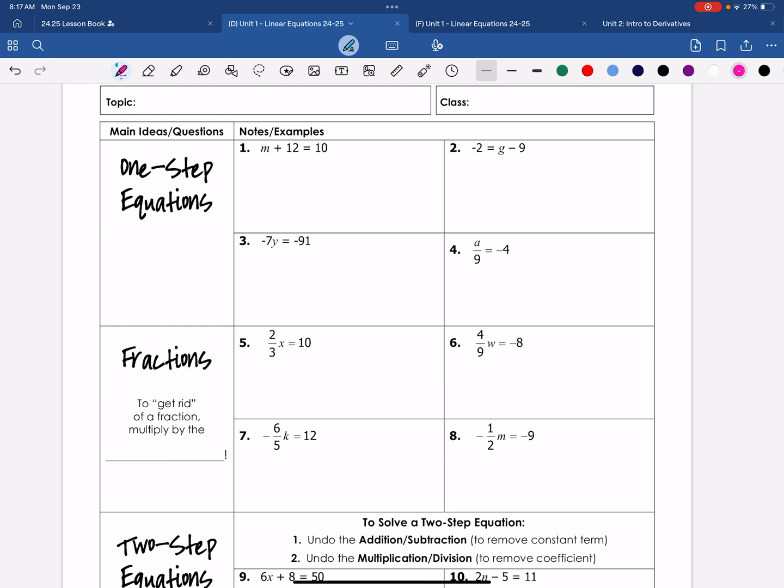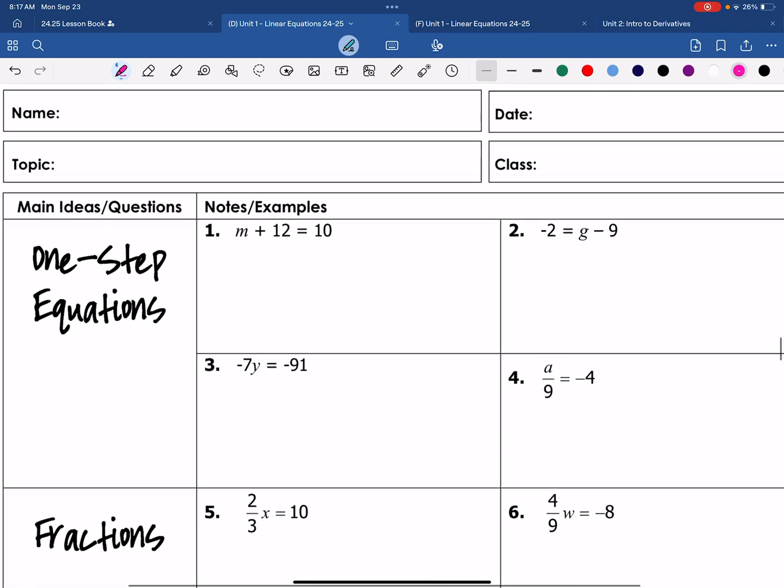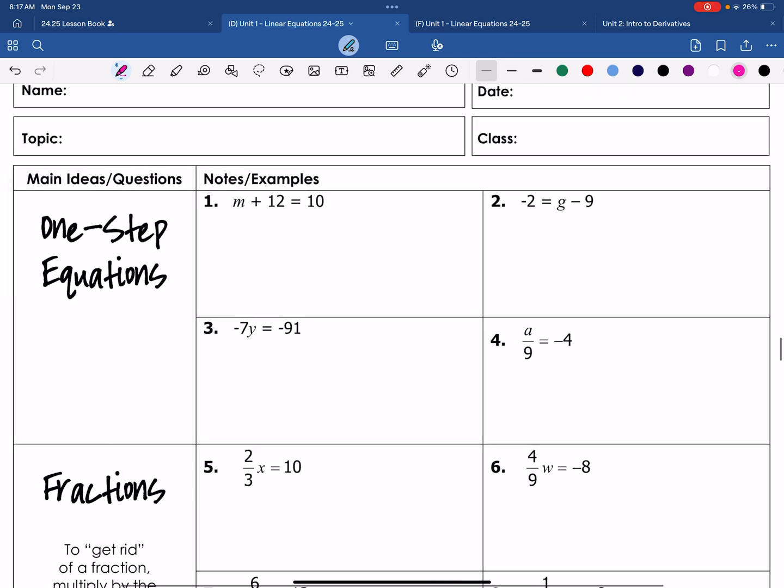So we're going to start right in with one-step equations. You should have these notes out in front of you. And whenever we're solving equations, we're always talking about doing inverse operations. So in our head, we're thinking about what is the inverse operation for addition? It's going to be subtraction, and then vice versa. And then what are the inverse operations for multiplication? Is going to be division.